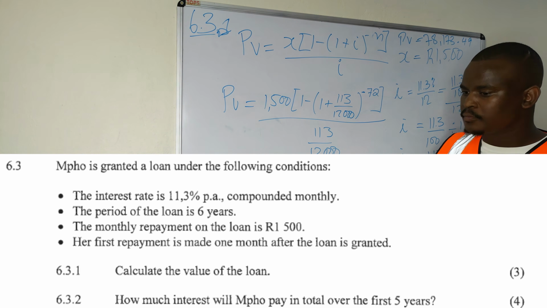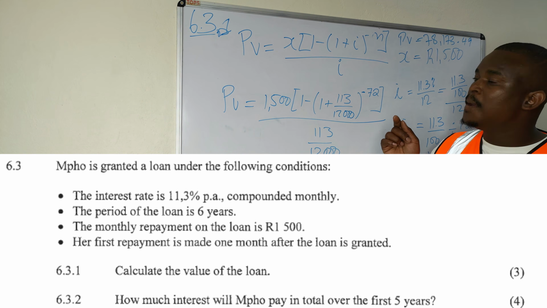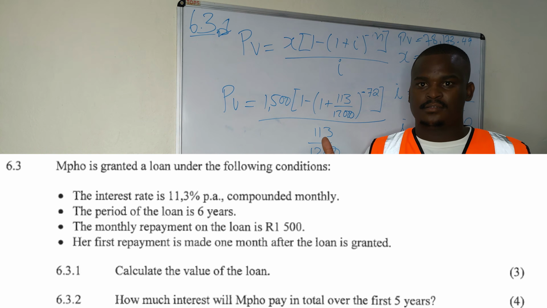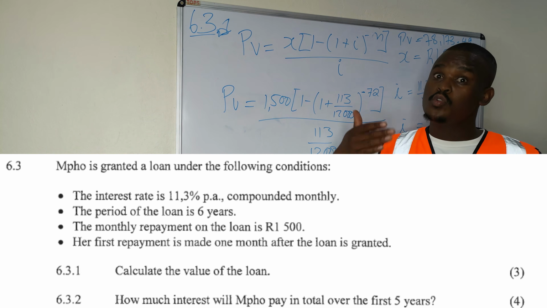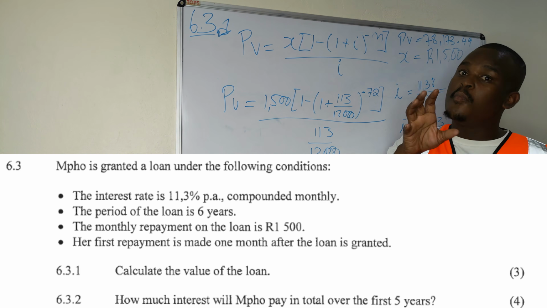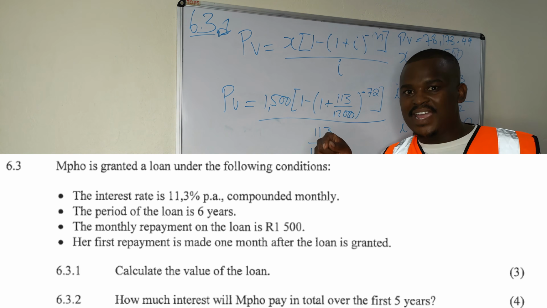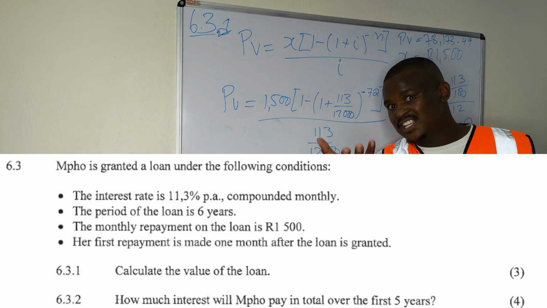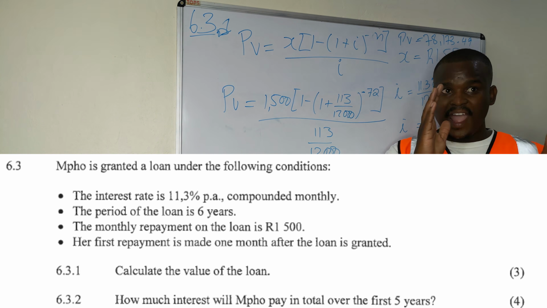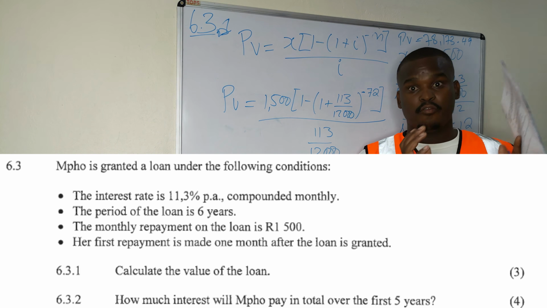So calculate how much money Mpho paid into the loan over those 5 years, right? Then once you know how much he paid, you subtract the actual amount of money he paid to reduce his loan from the bank. So you have that Mpho paid this much to the bank over 5 years.